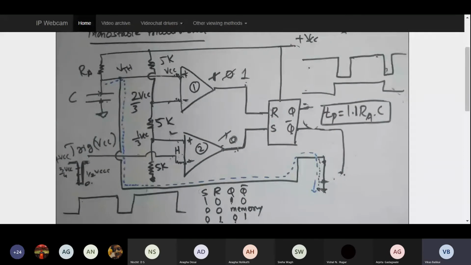Before that, there is one numerical that I am supposed to solve. Anyhow, we'll solve the numericals at one stretch once we complete the astable multivibrator as well. The basic applications of these are the frequency divider circuit and the pulse stretcher. Frequency divider, what is it? Like I'm going to just rub this out.